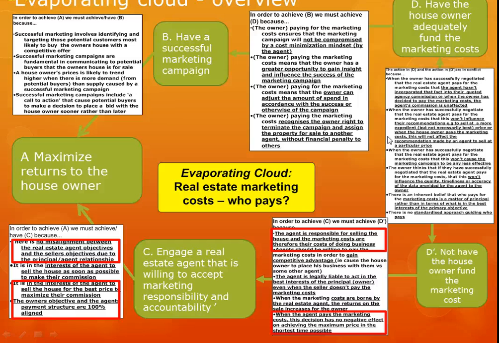Moving on, the other two below that. The first one: it's in the interest of the agent to sell the house for the best price to maximise their commission. Again, that may be true in general, but there are specific instances.